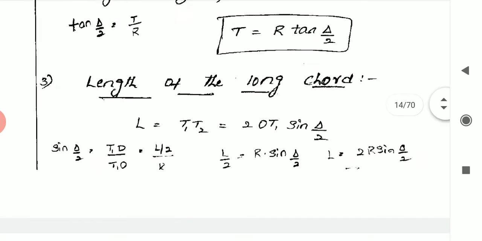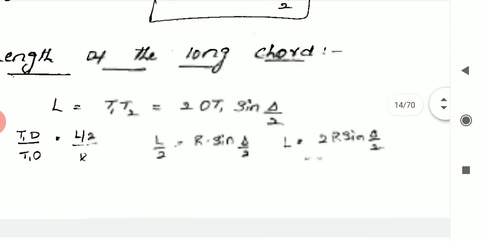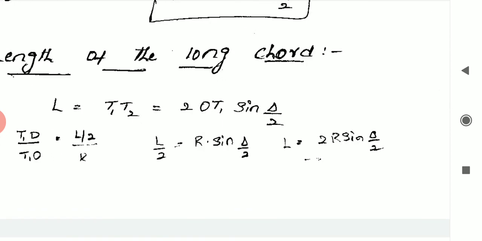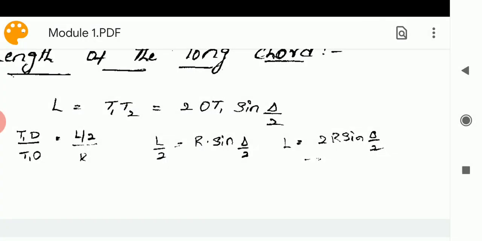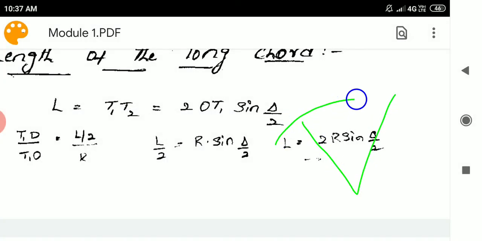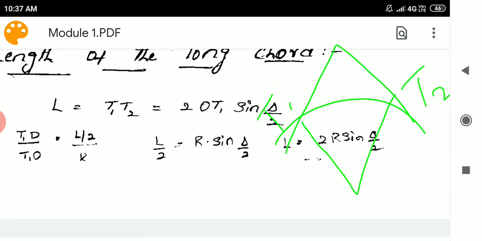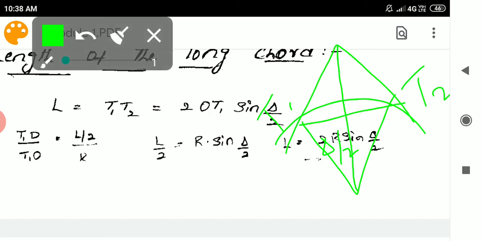Next comes the length of the long chord. The length of the long chord is L equals T1 T2.